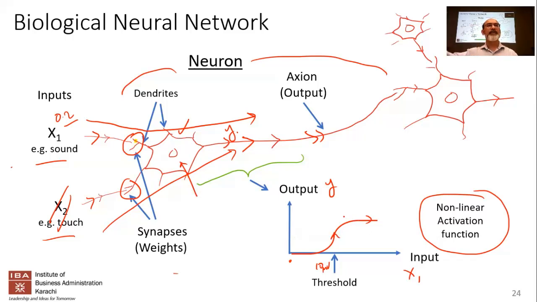So it's a non-linear function, and the output is all of a sudden going to send a strong signal down to the other axon. It's not just going to combine x1 and x2 and send that small signal. It's going to say, if the signals are above a certain level, then only will I send the signal down.